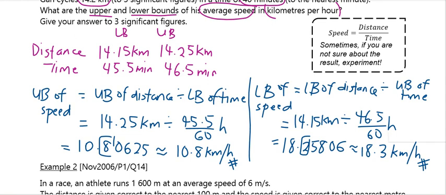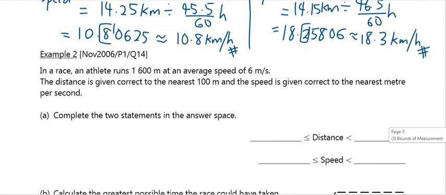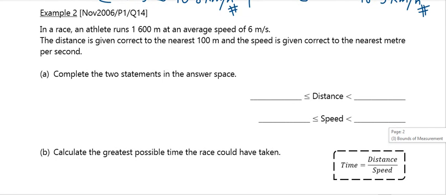Now for the next example from past year paper 2006, Maths D, paper 1. Right, so let's start. In a race, an athlete runs 1,600 meters at an average speed of 6 meters per second. The distance is given correct to the nearest 100 meters. So here you will straight away get the error, which is 50 meters.